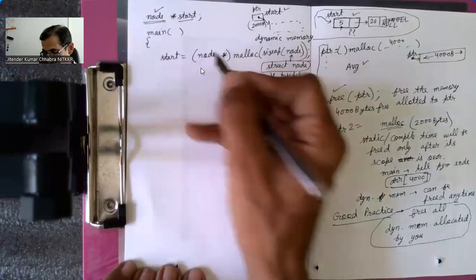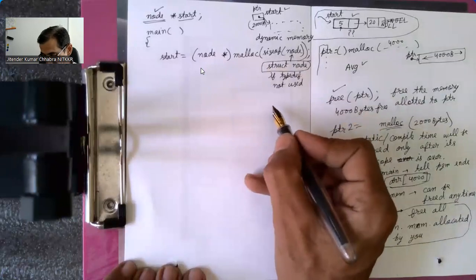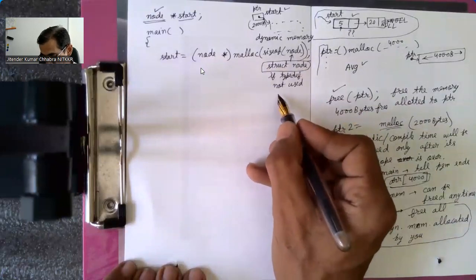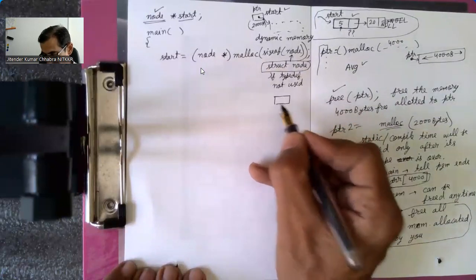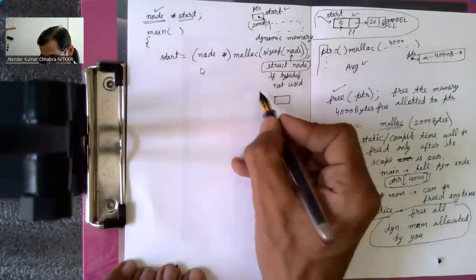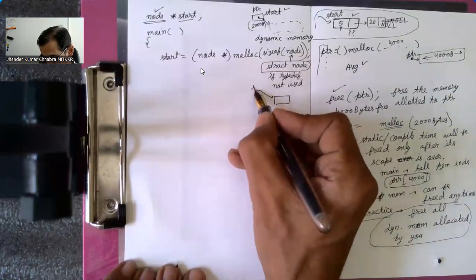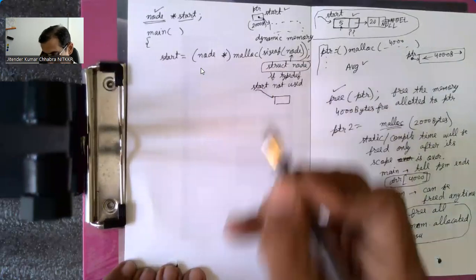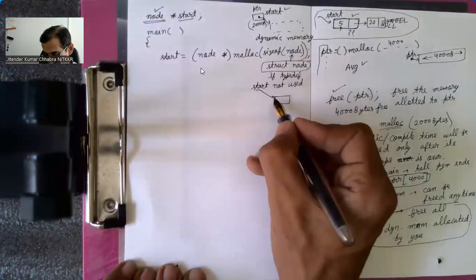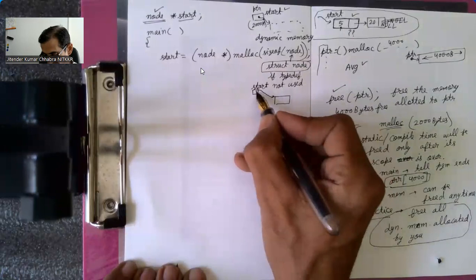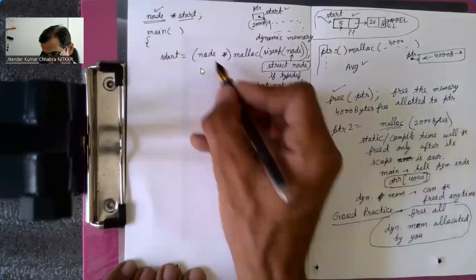This is a memory. So by this statement, malloc, you got a memory box created, and start is pointing to this address. My start earlier was garbage, now start points to this address.